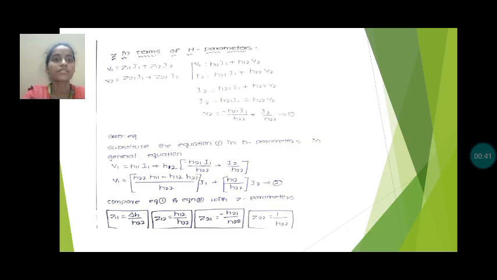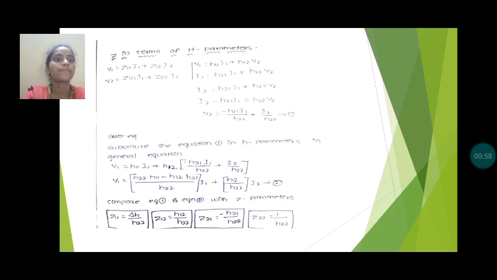First of all, we know the conversions. Z in terms of H parameters. Z parameters are V1 equals Z11 I1 plus Z12 I2, V2 equals Z21 I1 plus Z22 I2.